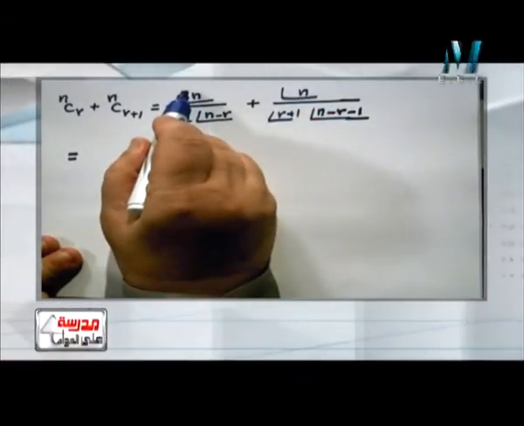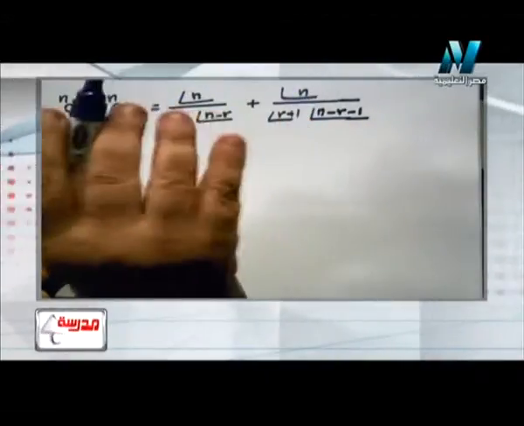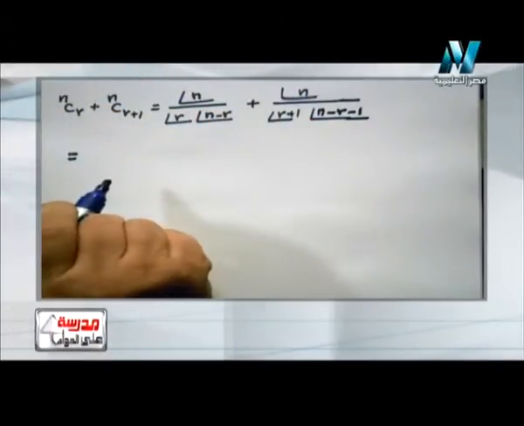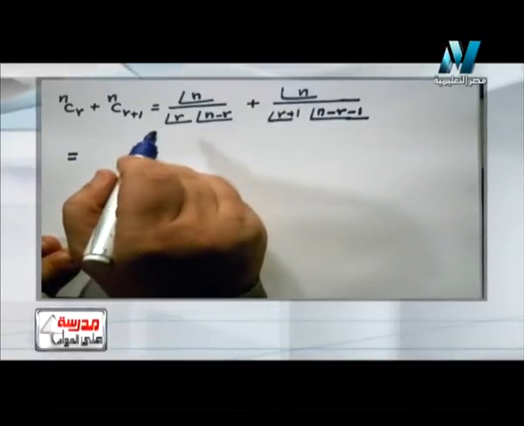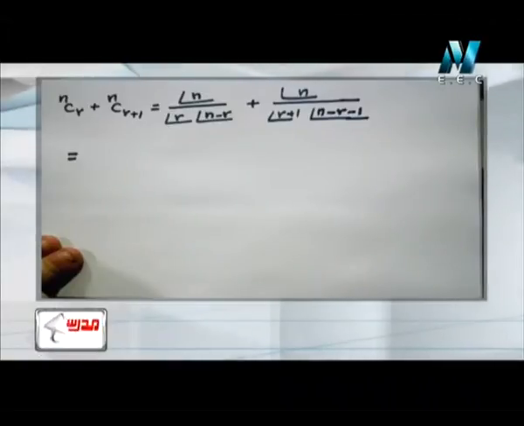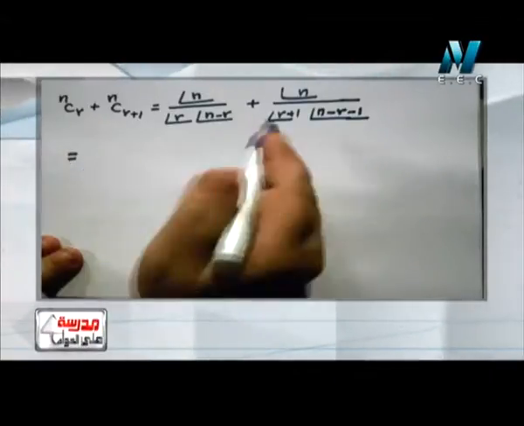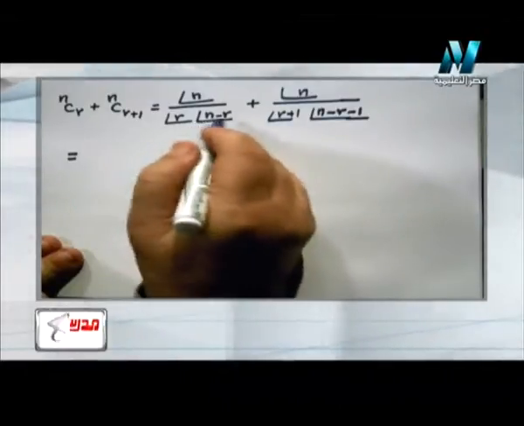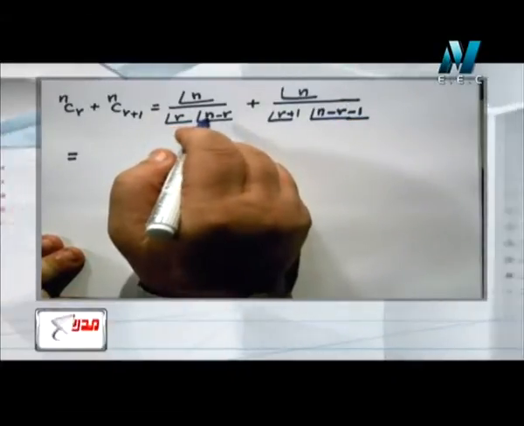In the numerator, factorial N and factorial N, we can take factorial N as a common factor. But in the denominator, factorial R and factorial R plus 1. Yes, we can write factorial R plus 1 as R plus 1 times factorial R. And factorial N minus R, factorial N minus R minus 1, also we can take N minus R, then it is factorial N minus R minus 1.